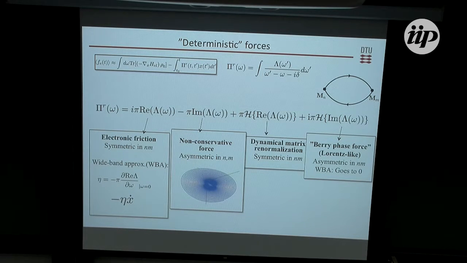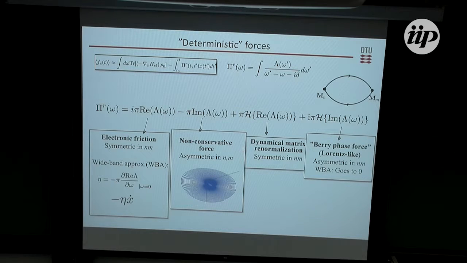If we go to the simple approximation where we assume that the electronic states are in the wideband approximation, so they are not changing with energy, then we can get simple derivations here, and for instance we can split it up into different parts, this expression here, and then you get the electronic friction, which is nothing but some constant times the velocity in this kind of ohmic description. You get also this non-conservative force, which I'll come back to.